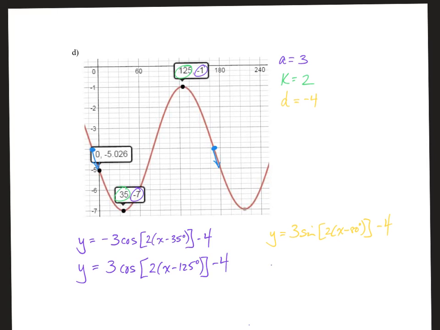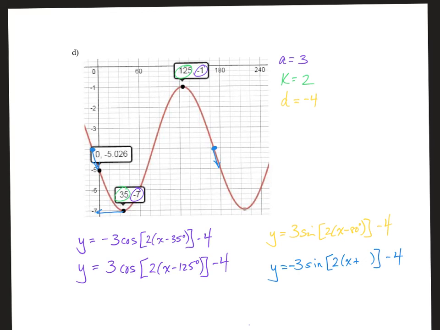It would require me to phase shift it, on a negative sine curve, to the left, which tells me I would have to be adding that value on the inside. Now, how far do I have to phase shift it to the left?